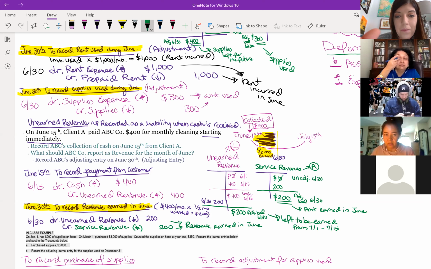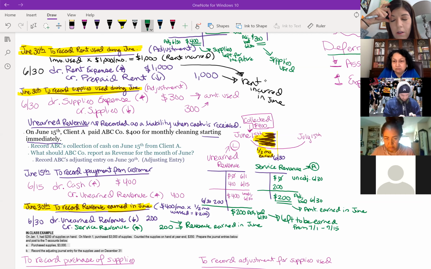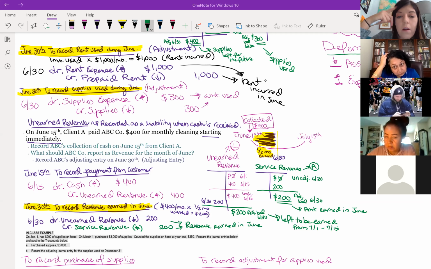Yes, the liability decreased. Correct, Warren. We're assuming that it is earned, distributed evenly unless stated otherwise. So if it doesn't say that it was earned at different increments, like at the end of the month, it's implied that it was earned evenly over the time period.